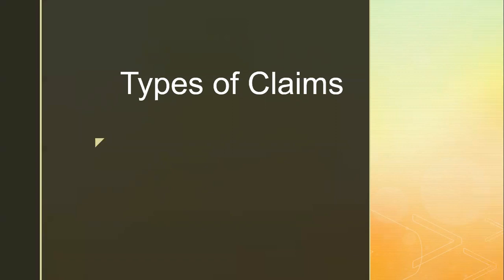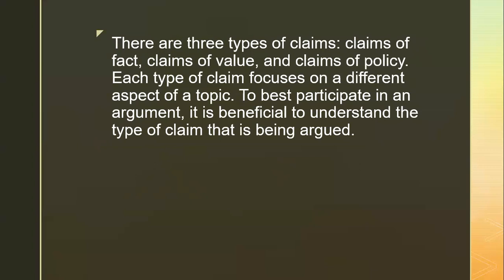So it's useful in critical reading and critical writing. There are three types of claims: claims of fact, claims of value, claims of policy. Each type of claim focuses on a different aspect of a topic. To best participate in an argument, it is beneficial to understand the type of claim that is being argued.